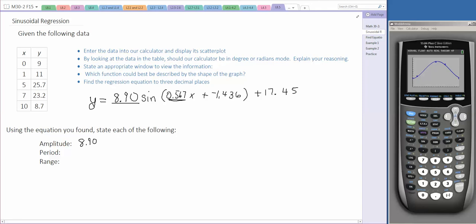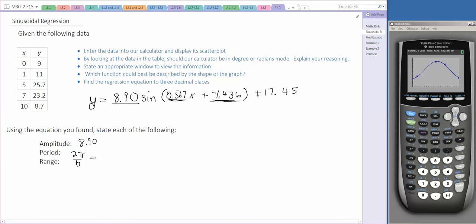Remember that we can calculate our period using the relationship 2 pi over b. We could also use degrees, but by looking at this value here, that isn't a degree measurement, that's a radian measurement. If we had 60 or 90 or something quite a bit larger, then we would think about being in degrees.